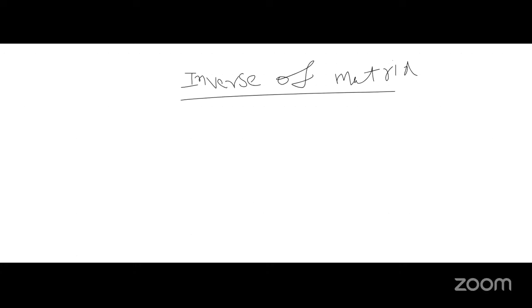We know this from previous studies, at the UG level and PG level. So how can we find the inverse of a matrix? First, A is a square matrix of order n, so A is an n by n matrix.